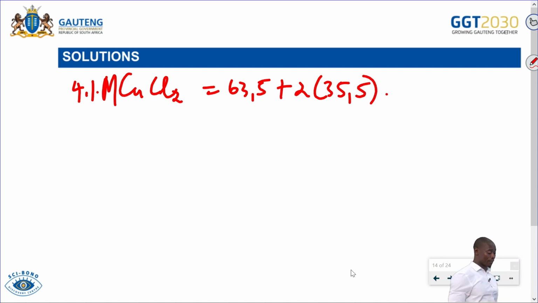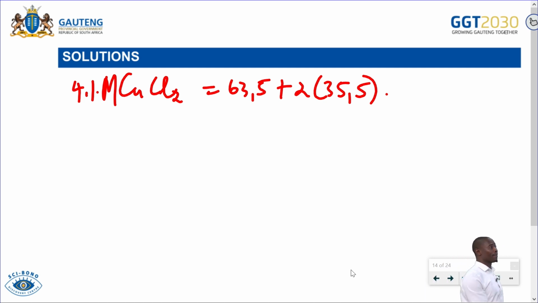These values are from the periodic table, learners. 63.5 is the relative atomic mass of copper, 35.5 is the relative atomic mass of chlorine. I've multiplied by 2 because there are 2 chlorine atoms in that compound.